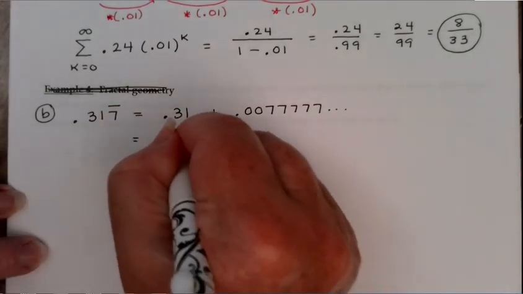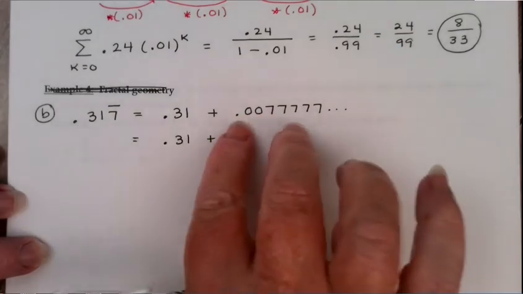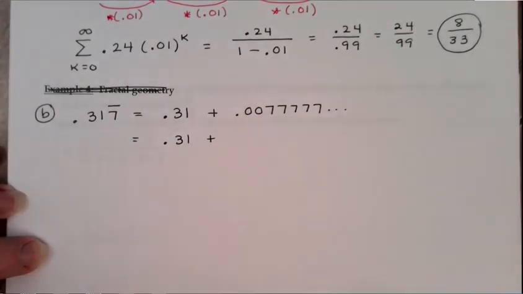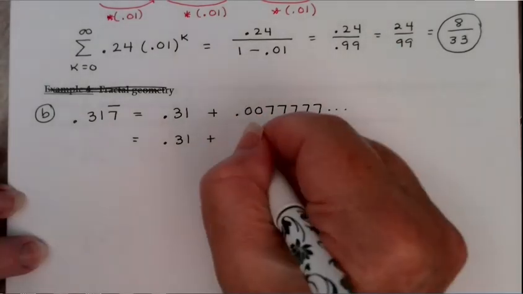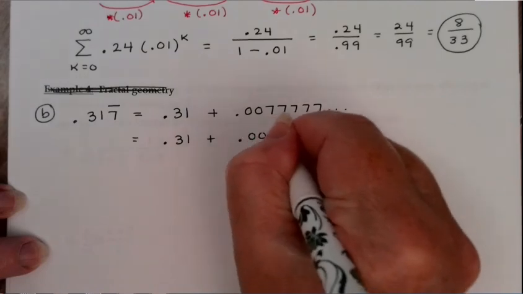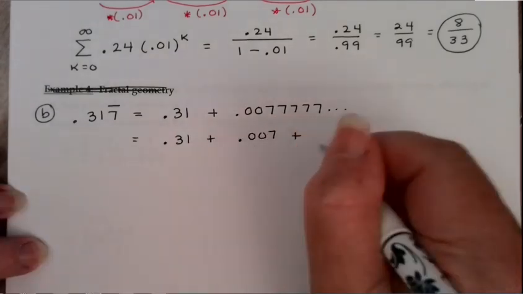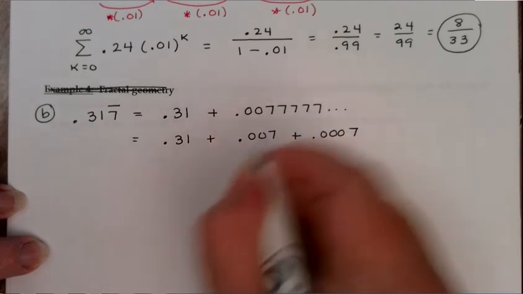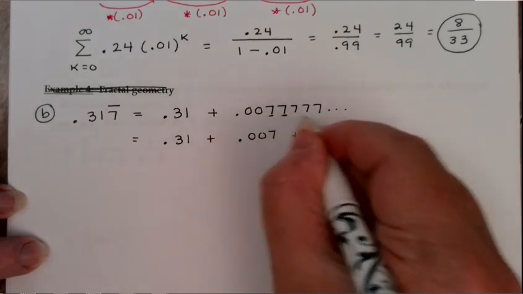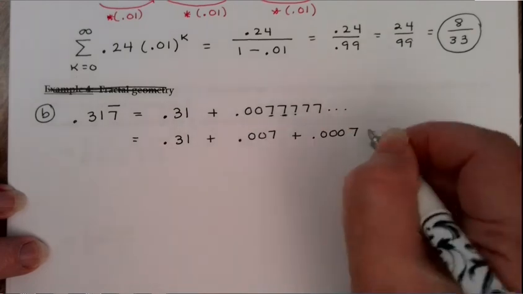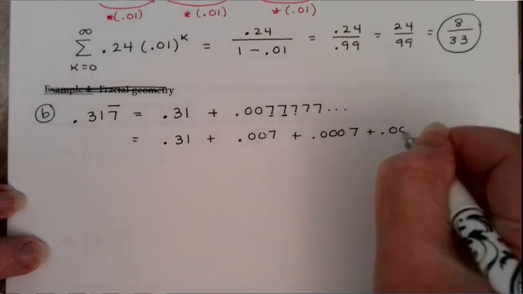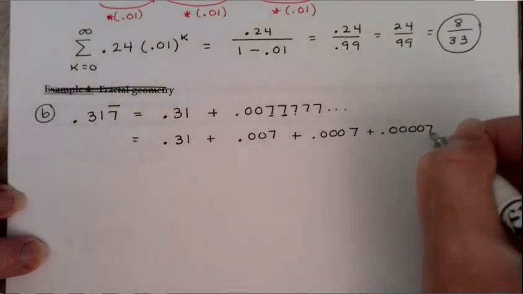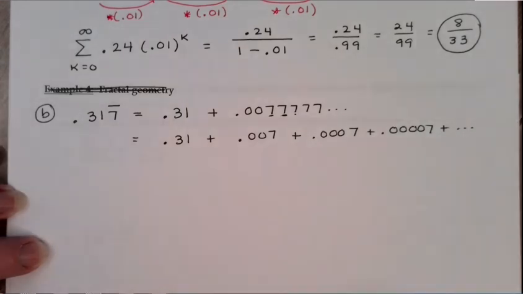I'm going to think of this as 0.31, and then I'm going to start breaking this up just the way I did the last one. I'd have 0.007, and then I'd have 0.0007. That gives me this one. Now this one would have 4 zeros in front of it, and so on.